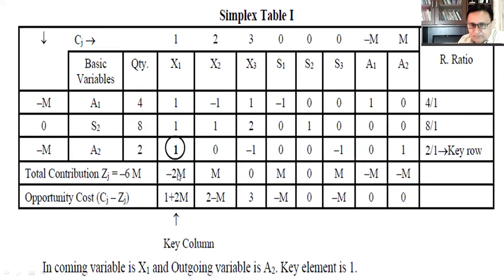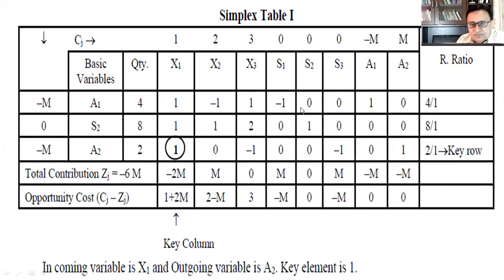Similarly, for the x2 column, -m multiplied by 1 plus 0 plus 0, so -m will be in place. In x3, -m plus 0 plus m, so -m plus m becomes 0.